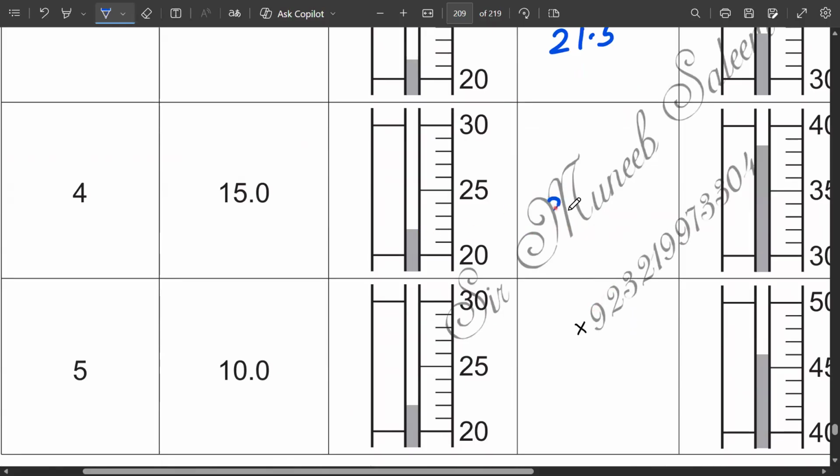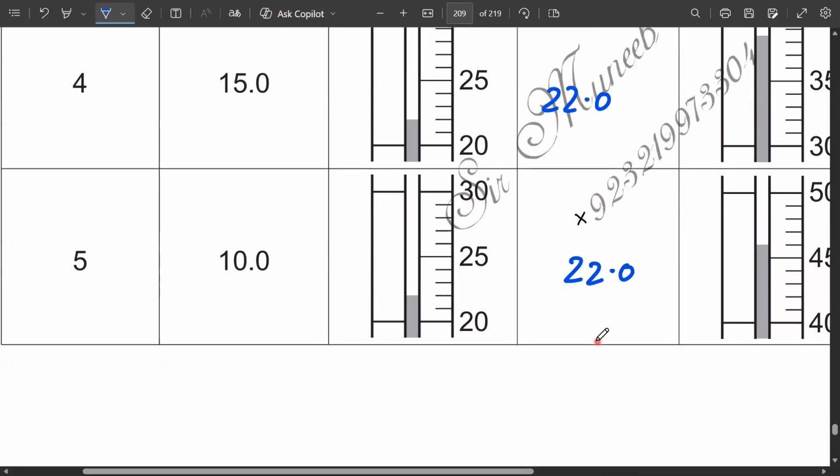Now this time it is 22 degrees, 22.0. You need to put 1 decimal point after the value. Then the fifth value is 22 again, 22.0. That's it. Now coming to the final temperature.